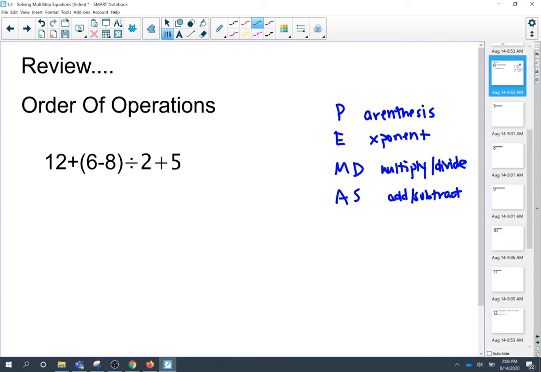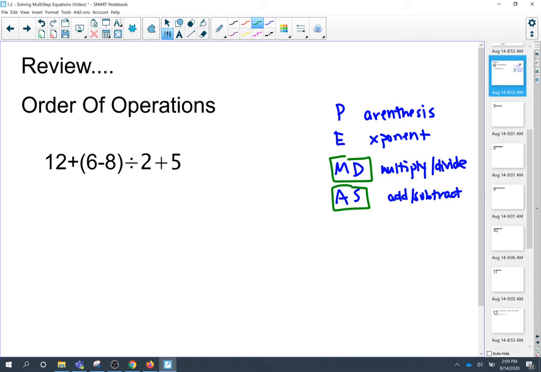The reason I write M and D next to each other and A and S next to each other is because if you remember, they can kind of flip-flop. It just depends which one comes in your equation first when you're looking at it from left to right. So if you have both multiplication and division, if multiplication is first, you do it first. If division is first, you do that first. They go back and forth.